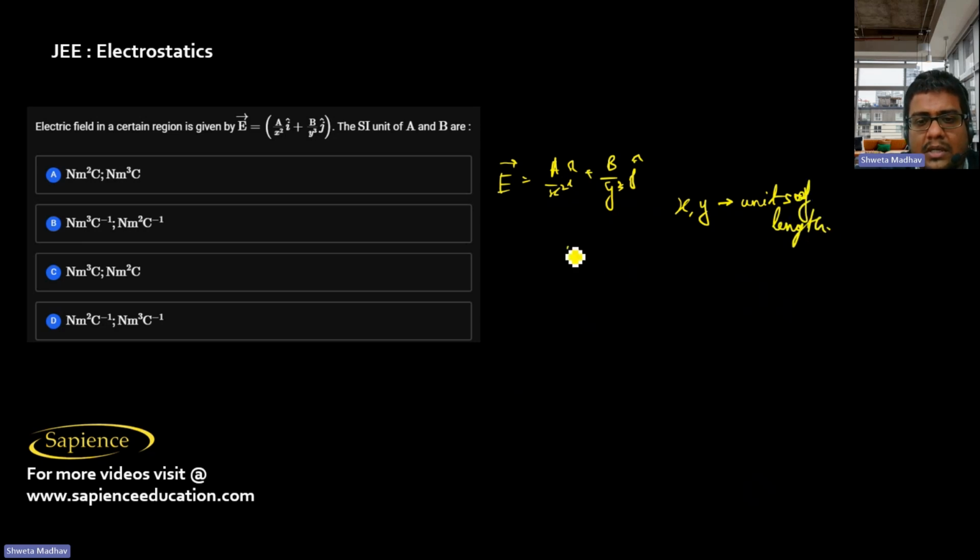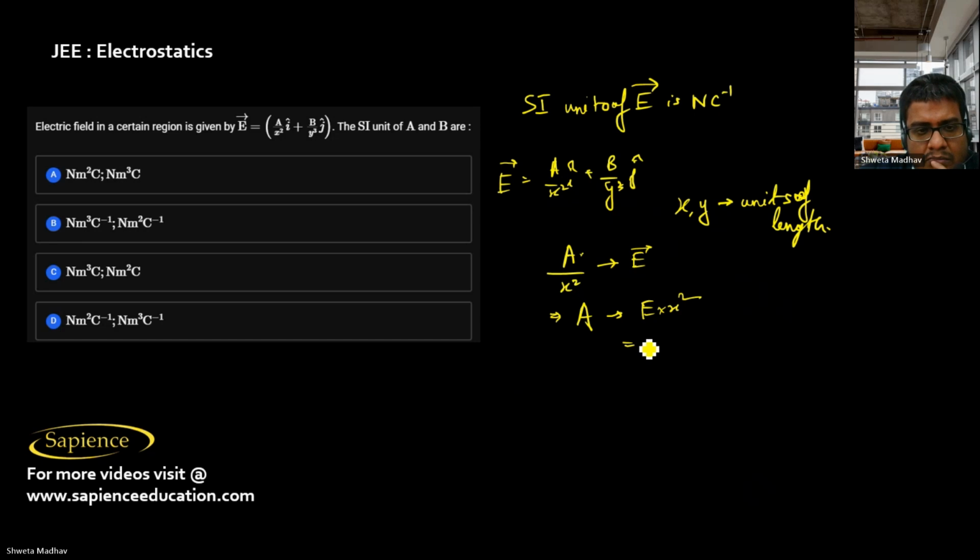So now the unit of A by x square will be the same as that of the electric field. Therefore, the unit of A will be the same as the unit of electric field into length square. As we know, the SI unit of electric field is Newton per coulomb.